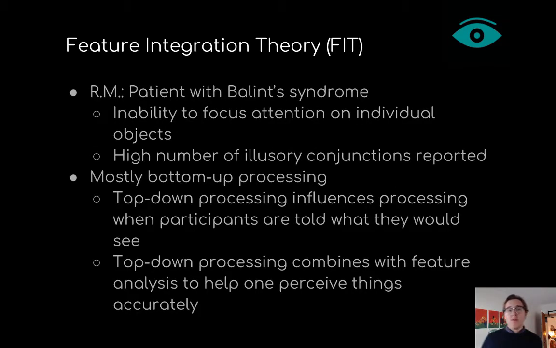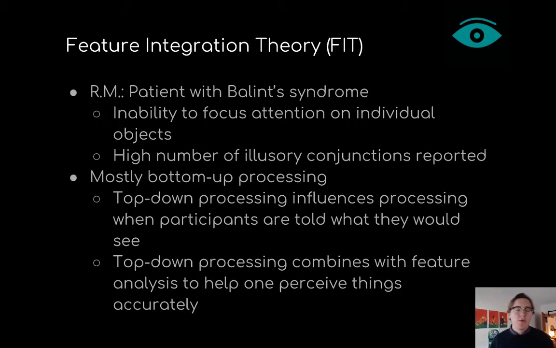One important thing we can do in looking at attention is establish how different disorders might influence our ability to attend to objects. A syndrome called Balint's syndrome gives us an interesting perspective regarding the FIT theory. People who have Balint's syndrome can't focus attention on individualized objects. Imagine when you get an unfocused look in your eyes, or you're spaced out, as a colloquial term.